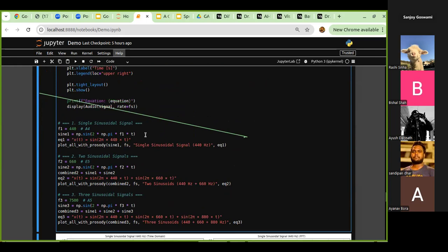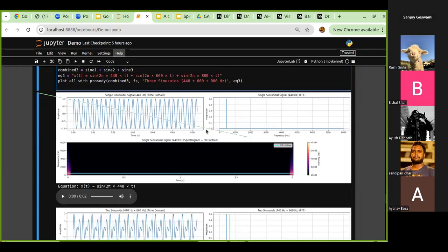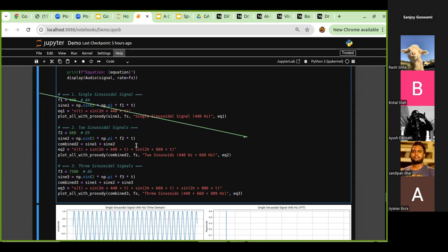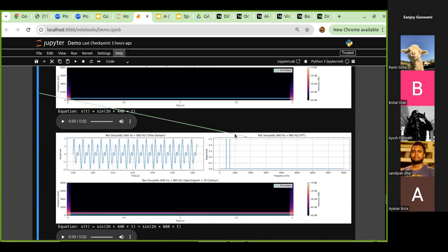Then ideally you should get only one single point. What if you add another frequency to it? Now it's like sine 2 pi 450 t plus sine 2 pi 660 t. There are two signals now getting added. Then you should ideally get two frequencies.